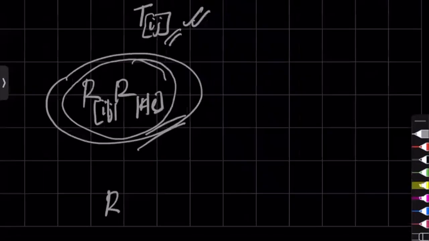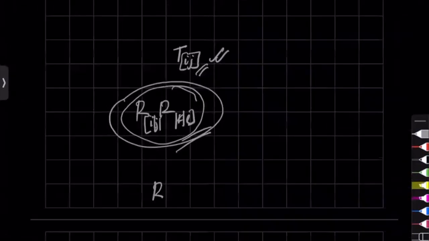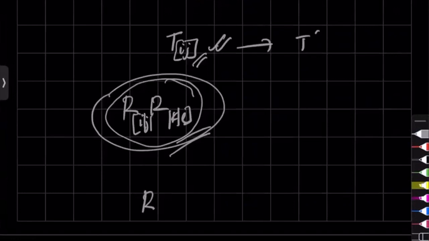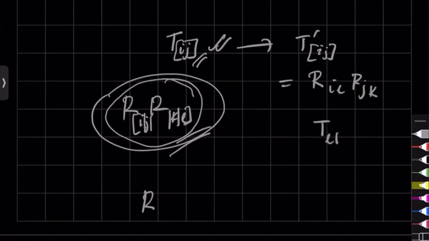Because you can show that under transformation, this does go to another matrix which is still antisymmetric. And that's going to be R_il, R_jk, and then we have T_lk antisymmetrization. But as I said, if two indices are antisymmetrized, whatever contracts with them is also antisymmetrized.